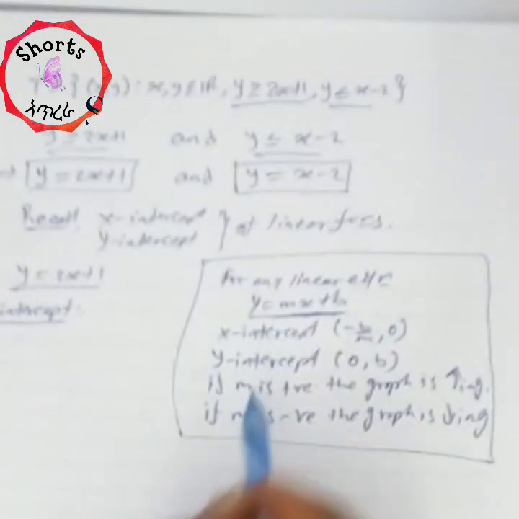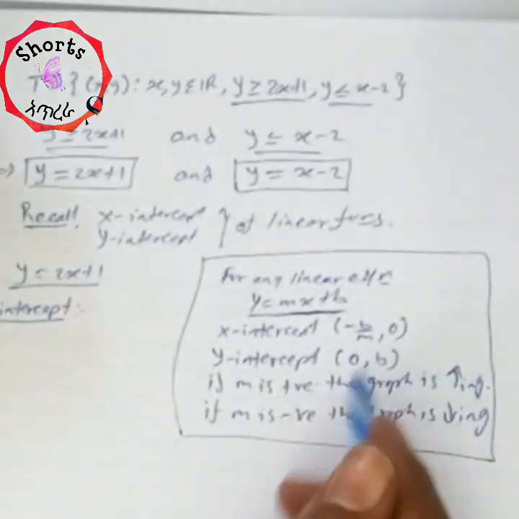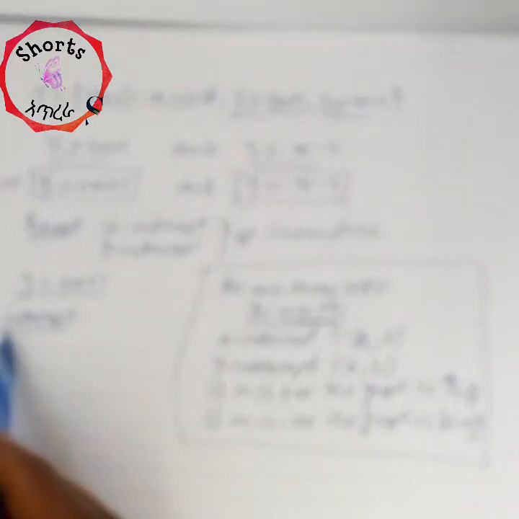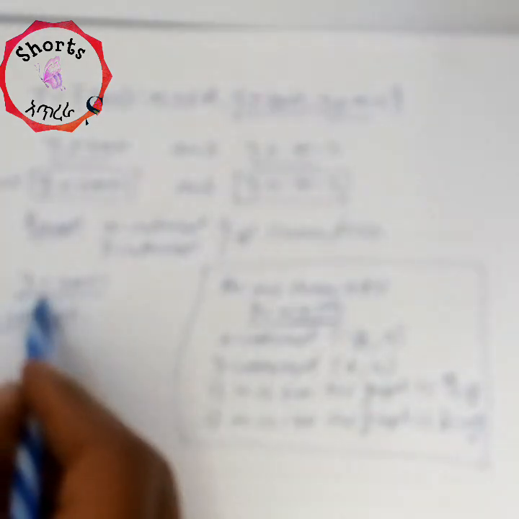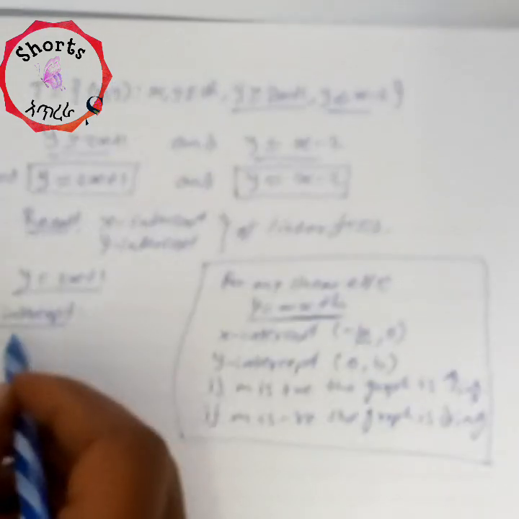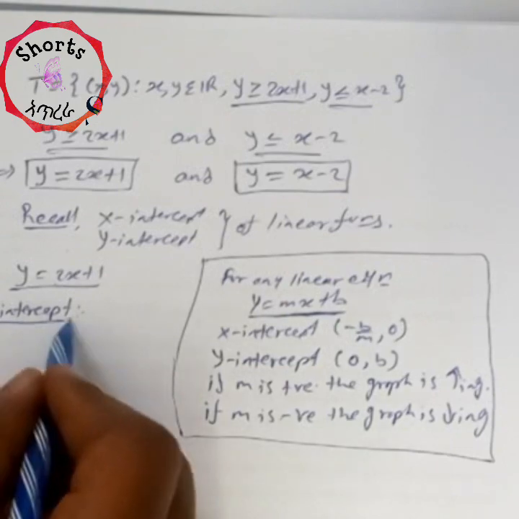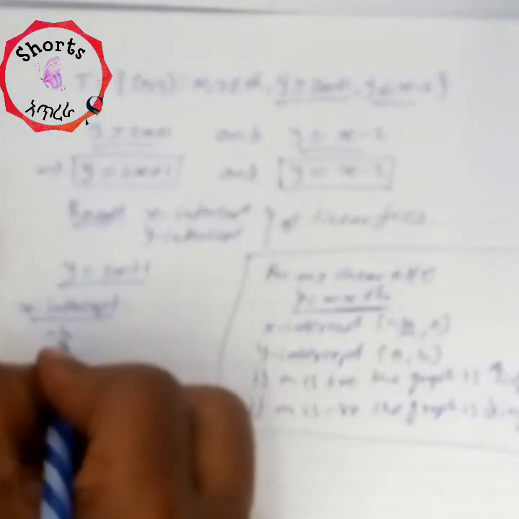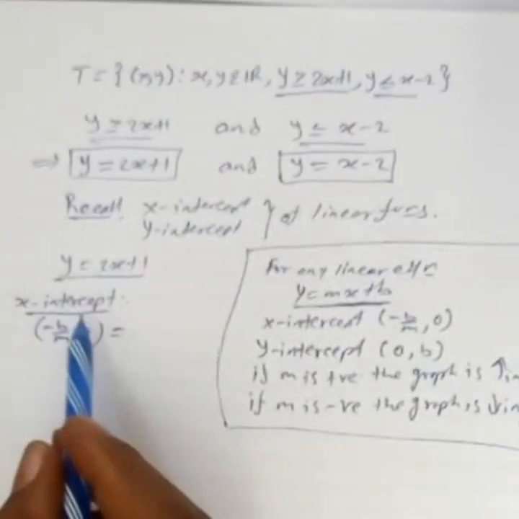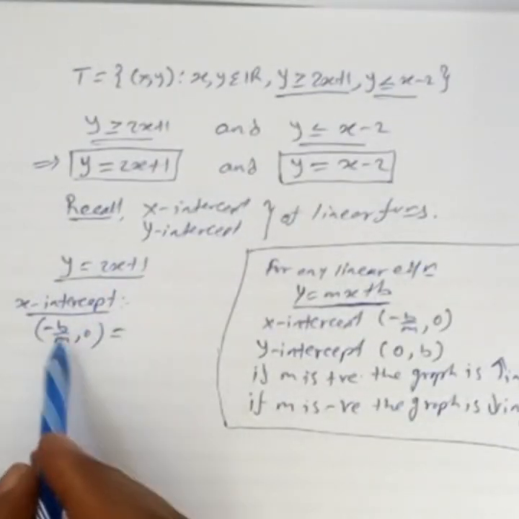Recalling this property, we can determine the x-intercept, y-intercept, and the monotonicity of this linear function as follows. Thus, the x-intercept is (minus b over m, 0), where b is 1 and m is 2.